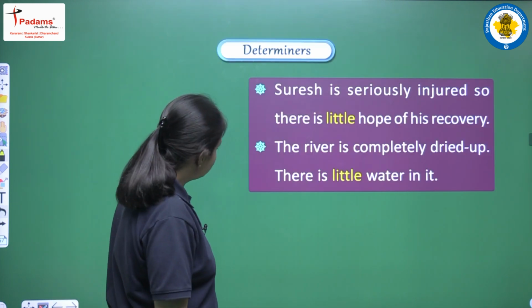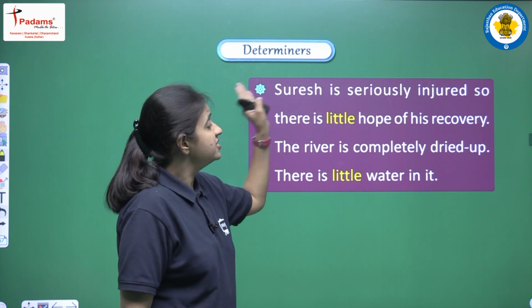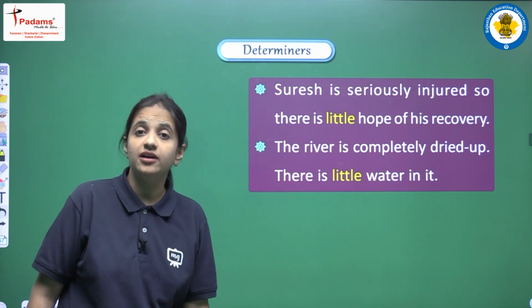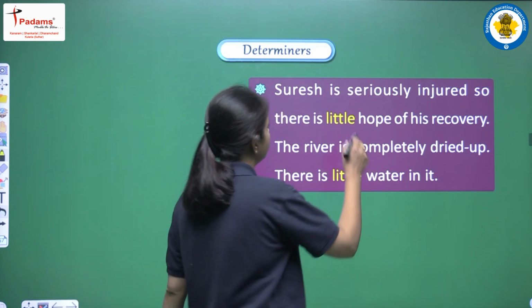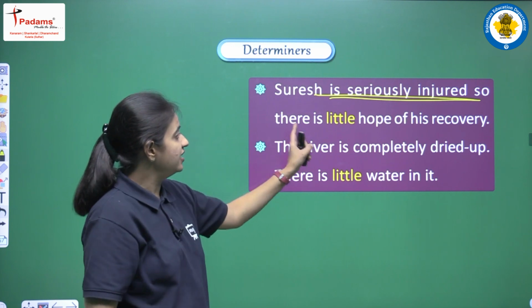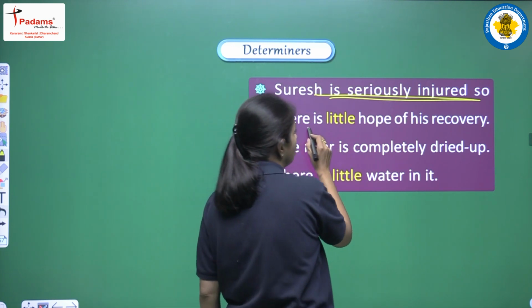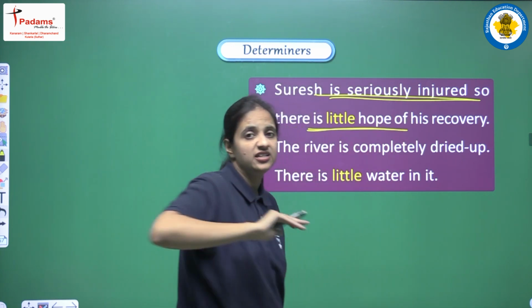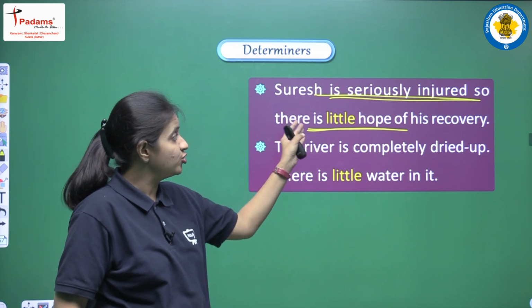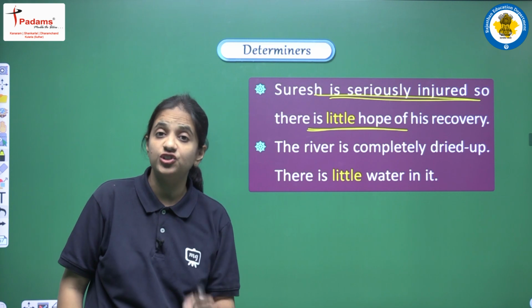Next, more examples. Suresh is seriously injured, so there is little hope of his recovery. Because Suresh is seriously injured, we are saying there is little hope of his recovery, or we can say there is almost no hope of his recovery. Why? Because he was very seriously injured.